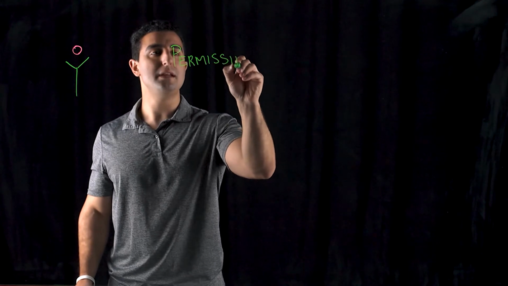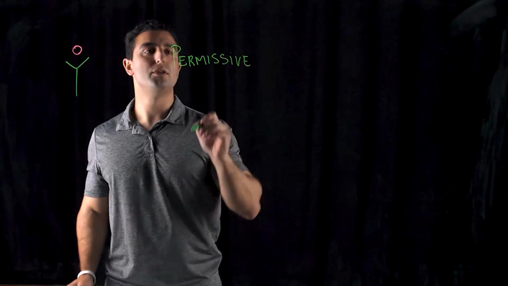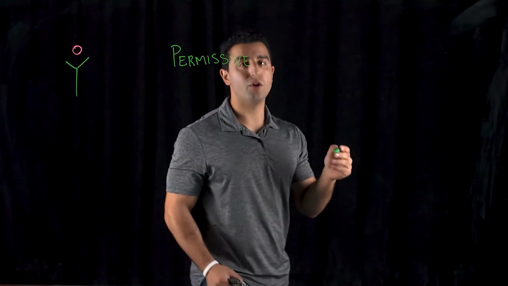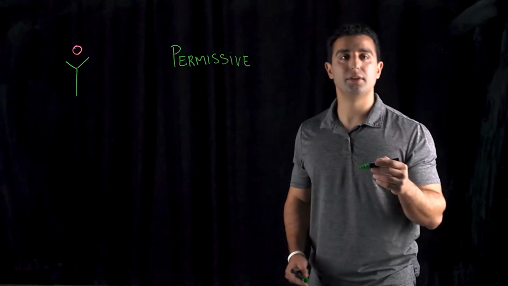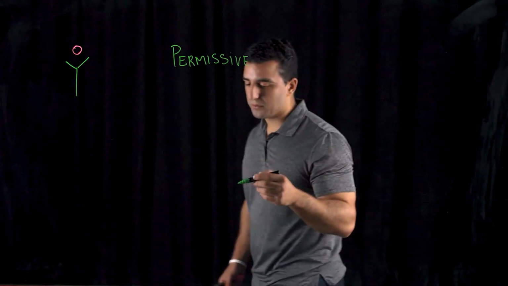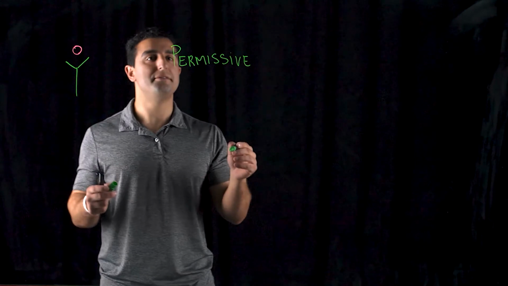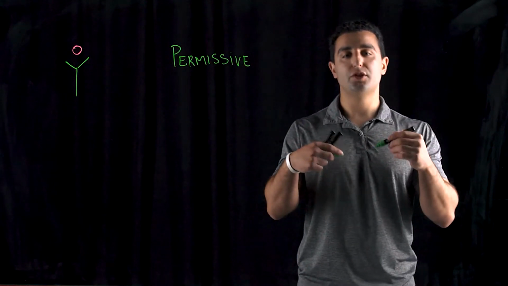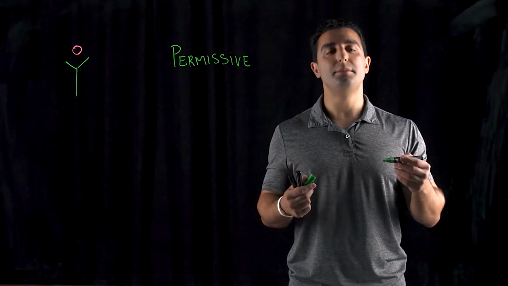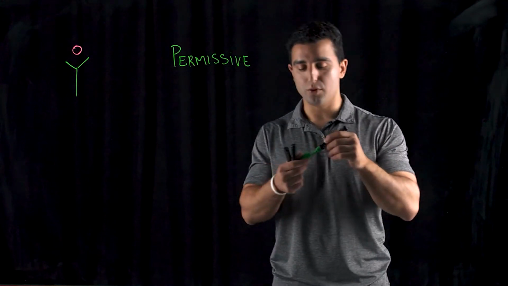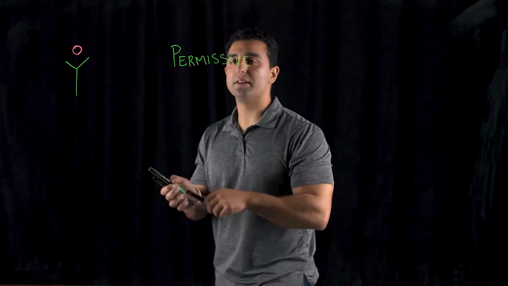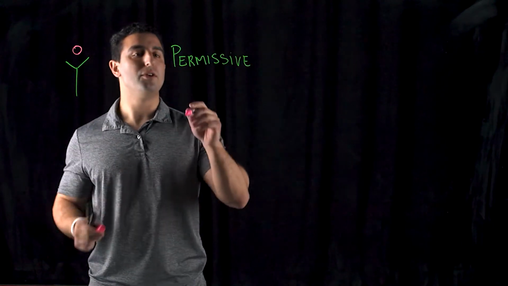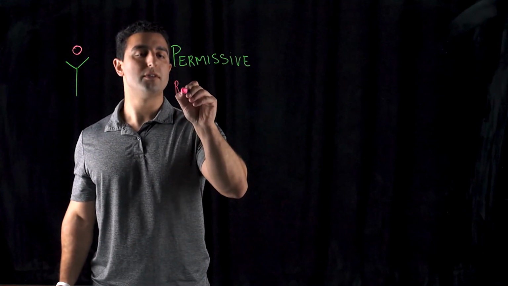Permissive means that this hormone requires another hormone in order to be active, right? So its effect, the actual response that is being created, cannot be exerted unless that other hormone is present, right? An example of this would be reproductive hormones.